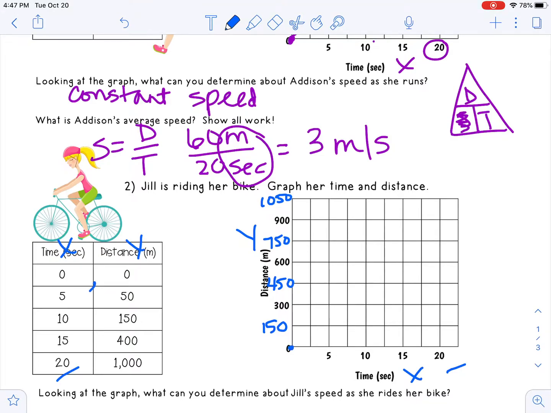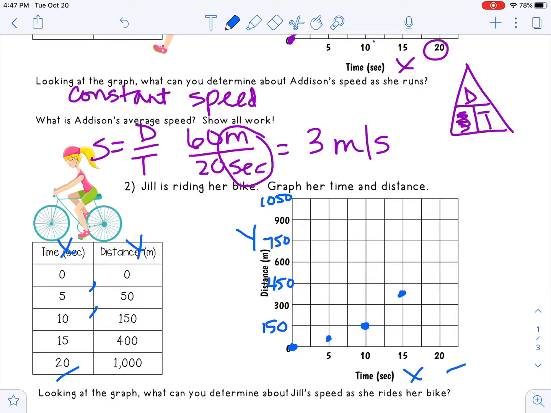0, 0. That's our origin. That's where she starts. So 5, 50. So 5 and 50. That's not very far, is it? Right here. And then 10 and 150. 15 and 400.